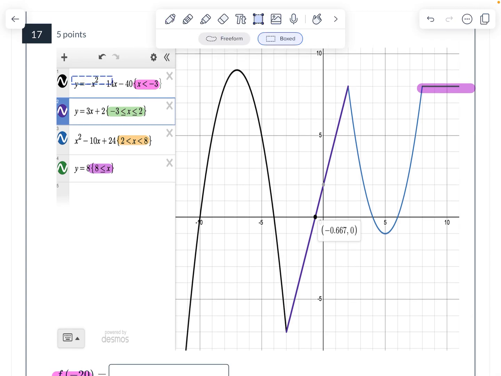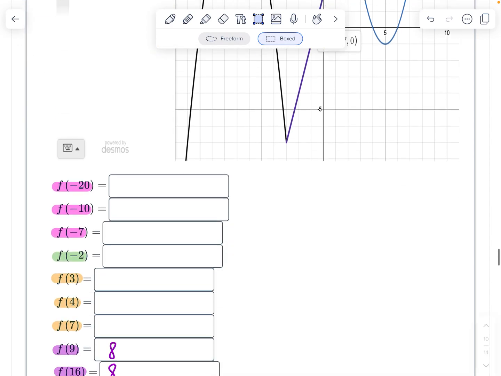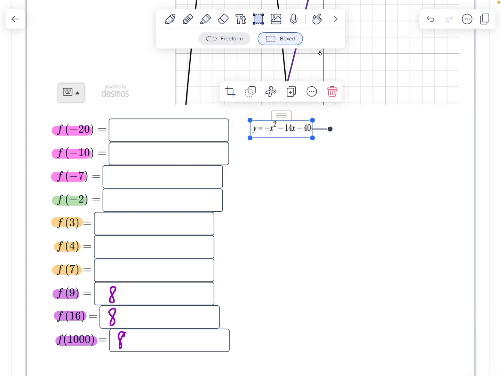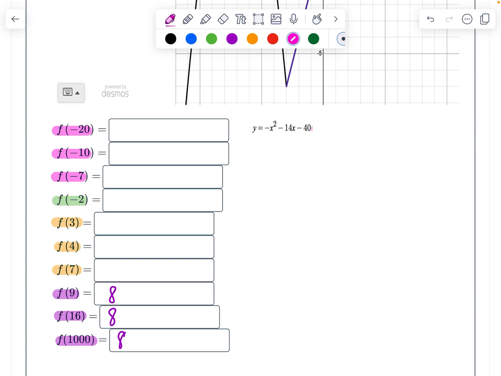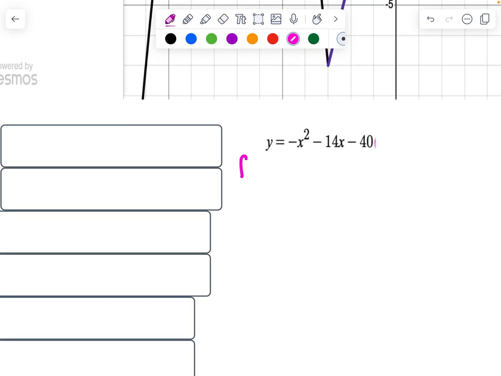So let's take this and copy it for me. And so we are going to use -20. So we're going to say f of -20 is negative parenthesis -20 squared minus 14 times -20 minus 40.